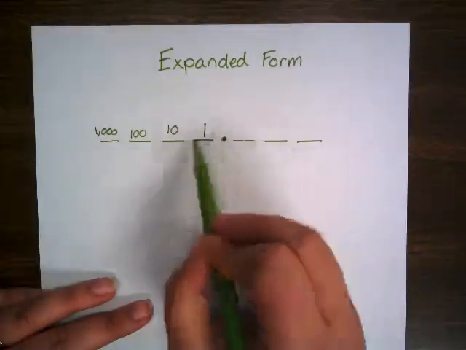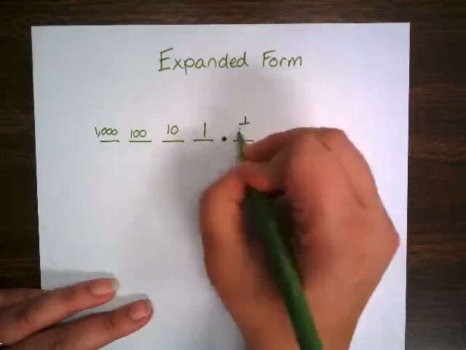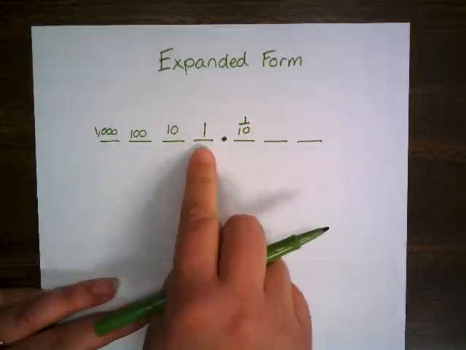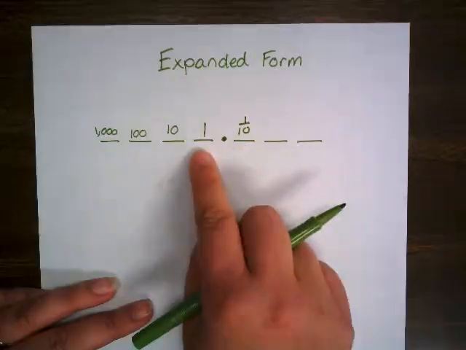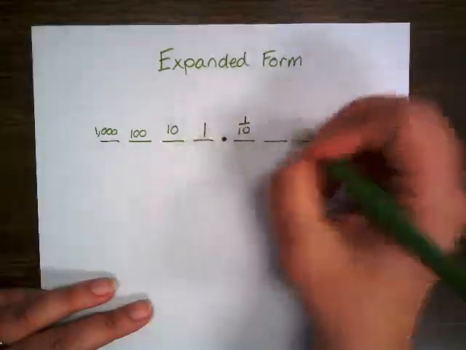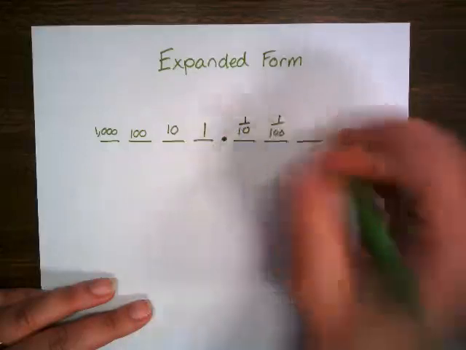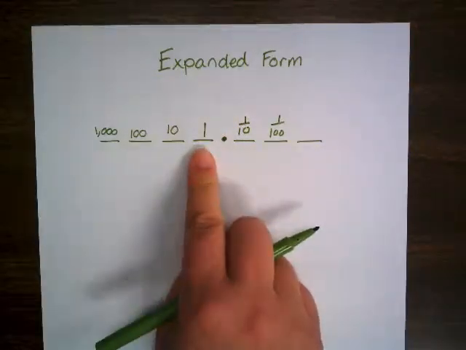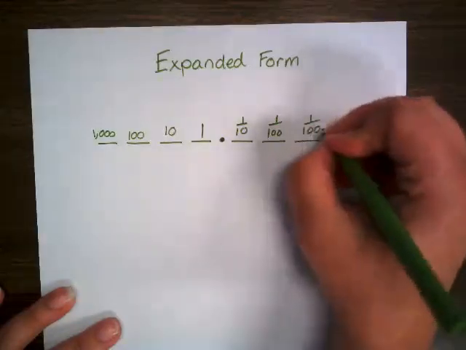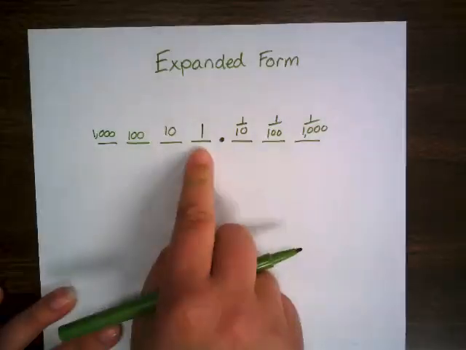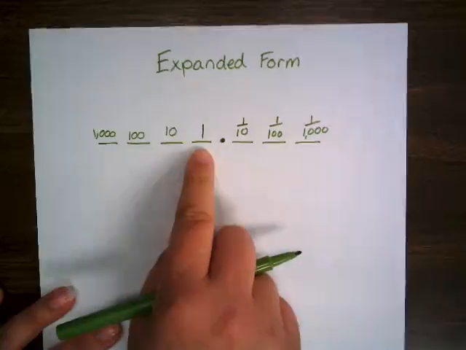Now this one is 1/10 smaller than this place value right here. So this is 1/10 the size of this number right here. And this one over here is 1/100th the size when we compare it to the ones place. And this number over here is 1/1000th the size when we compare it to the ones place right here.